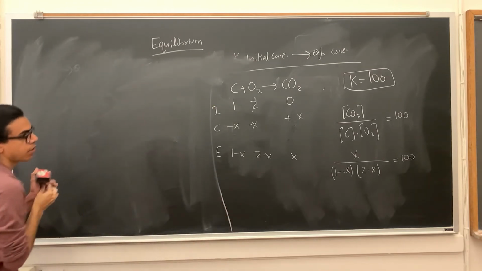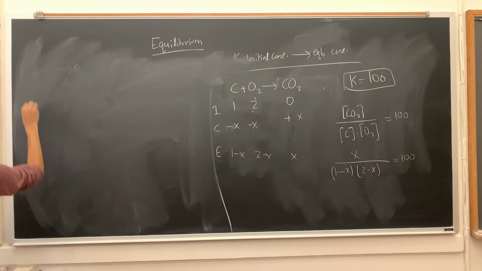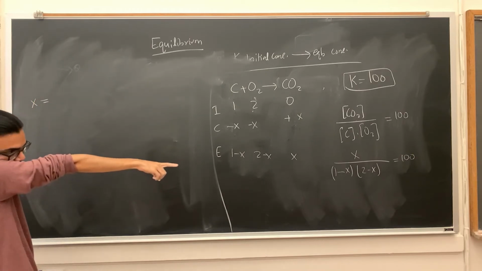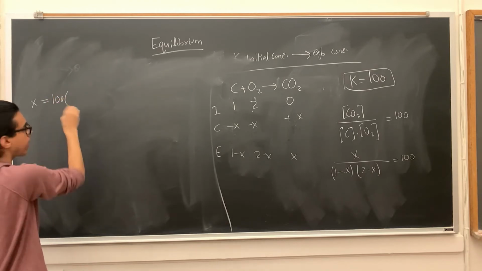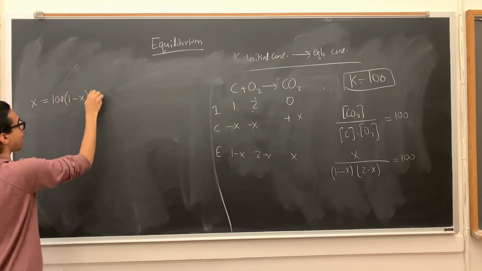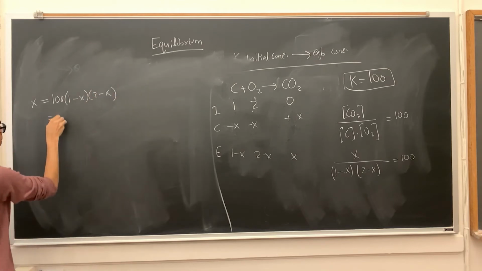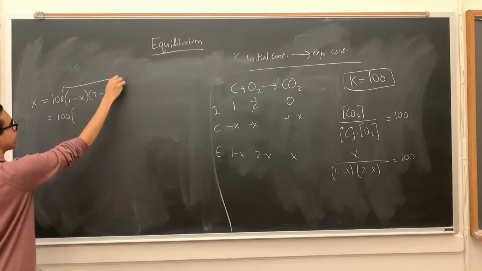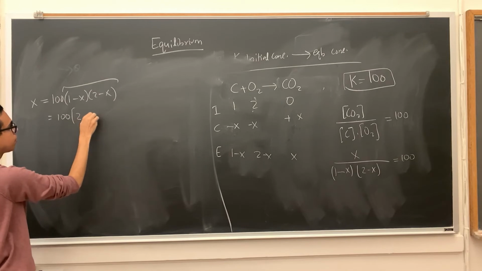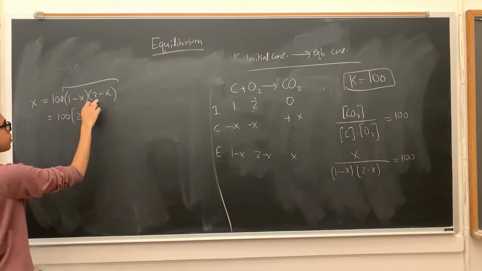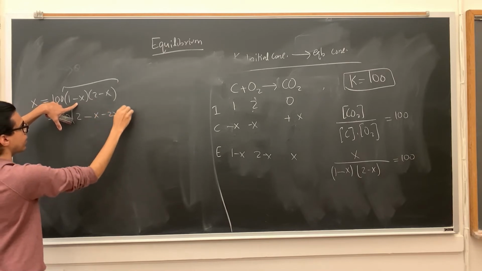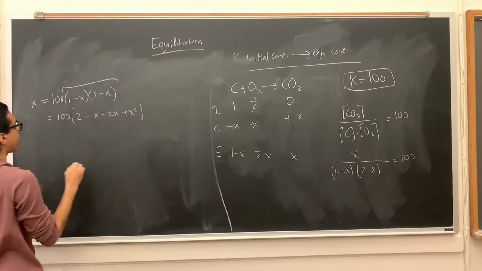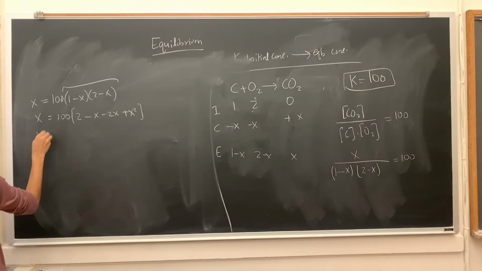Okay, let's do that quadratic real quick. Multiplying both sides by the first denominator, we would have 100 times 1 minus x, 2 minus x. I'm going to multiply these two first. 1 times 2 is 2. 1 times minus x, minus 2x, plus x squared, equals x.